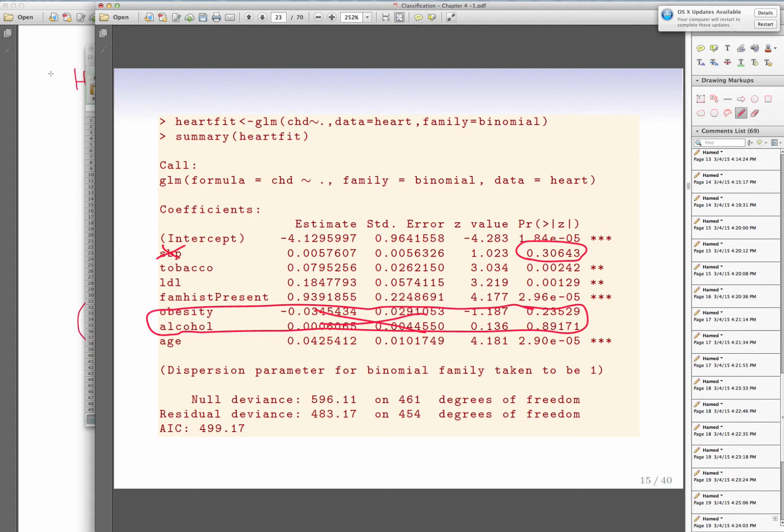Some of the values that are very significant are family history, low density cholesterol, and age. So for example, let's interpret family history. Let's see what this 0.93 means.